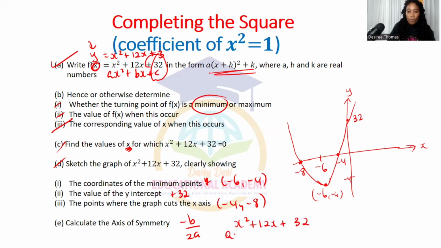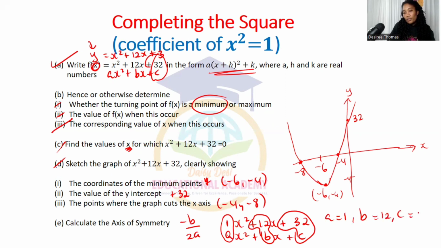This is in the form ax squared plus bx plus c. So a is 1, b is 12, and c is 32.